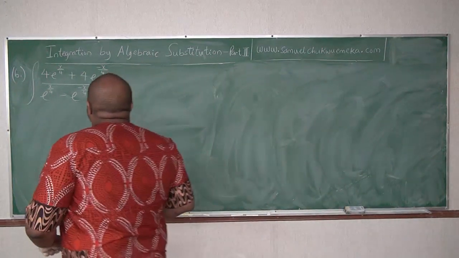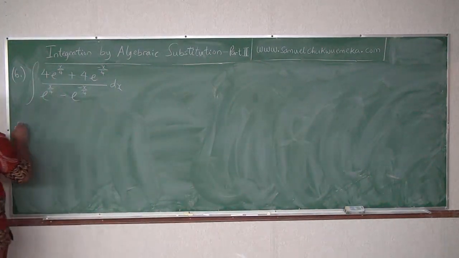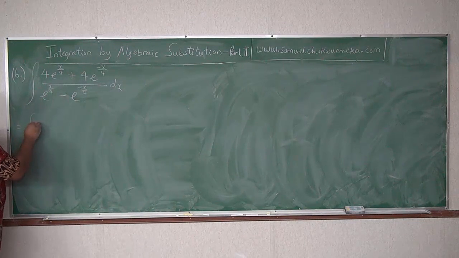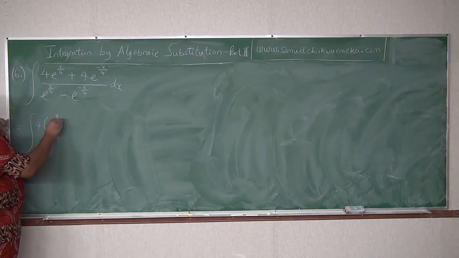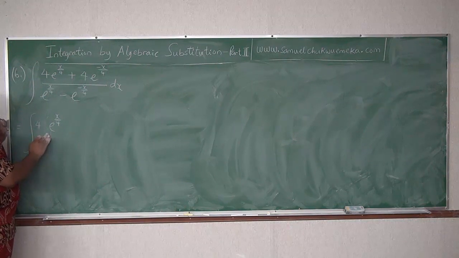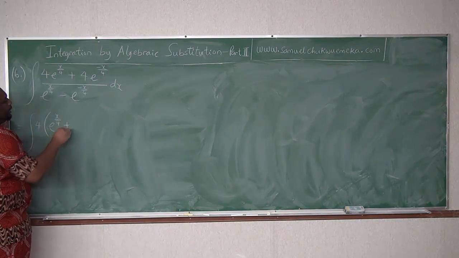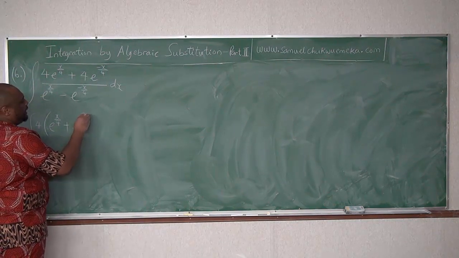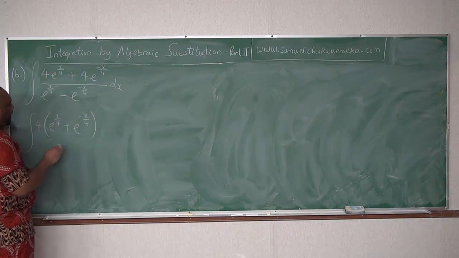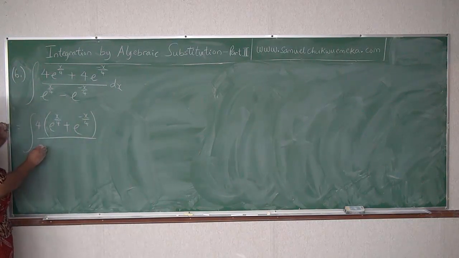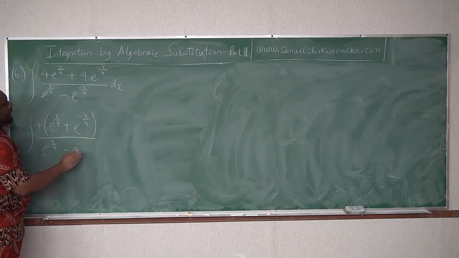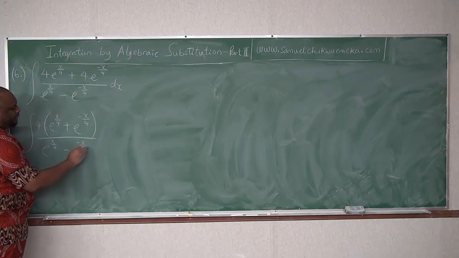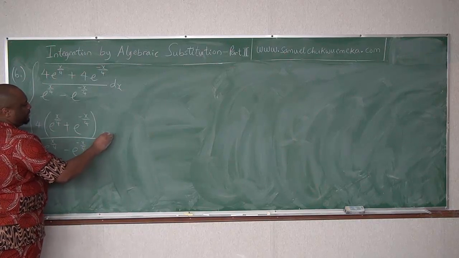So if we do that, this will be 4 if you factor by GCF, times e exponent x over 4 plus e exponent negative x over 4, all over e exponent x over 4 minus e exponent negative x over 4, dx.